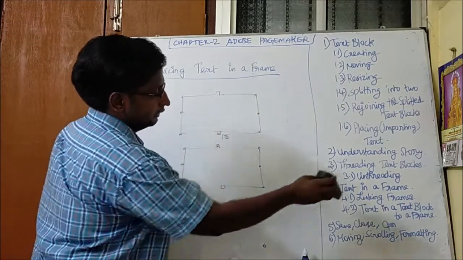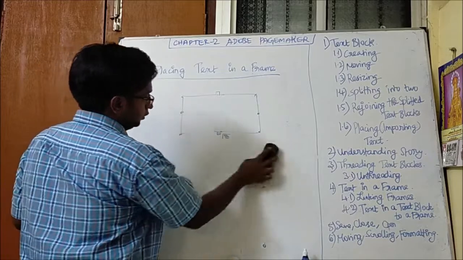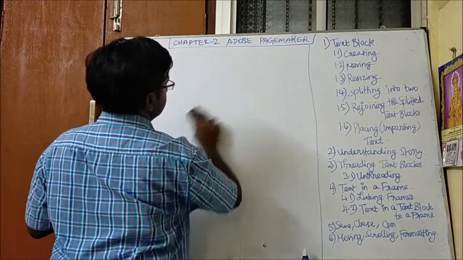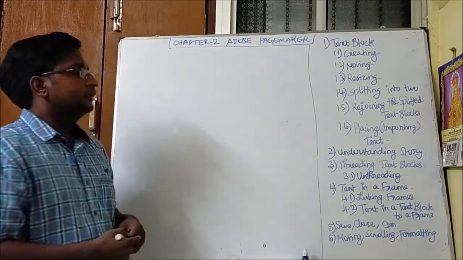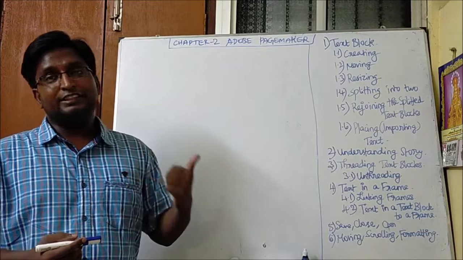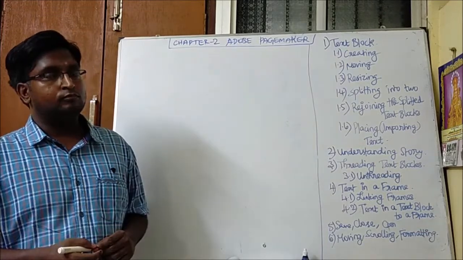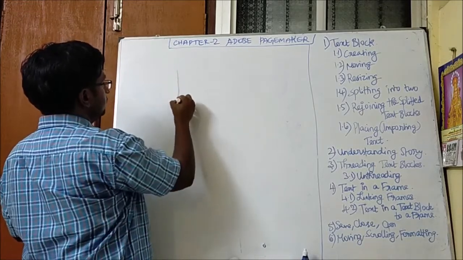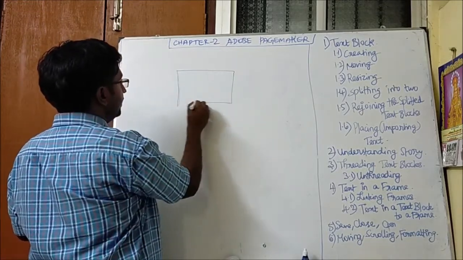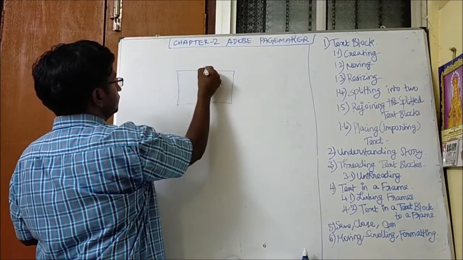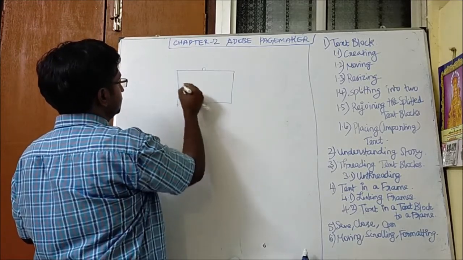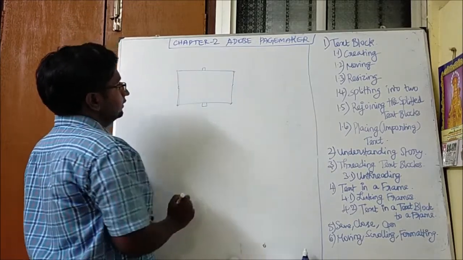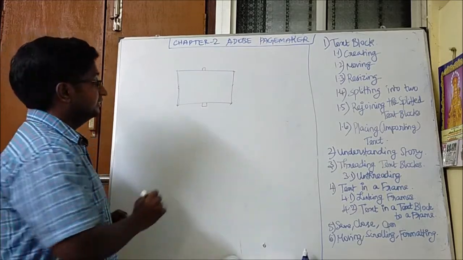So the next one is text in a text block to a frame. First, we have to draw the frame whichever needed. Next, we have to select the text.